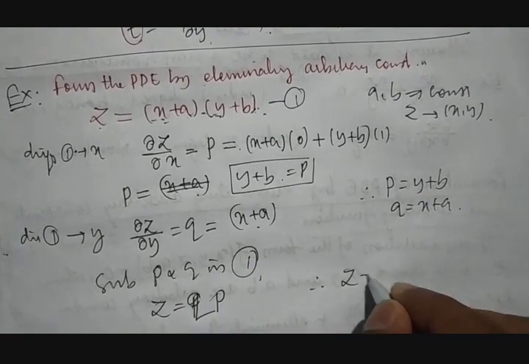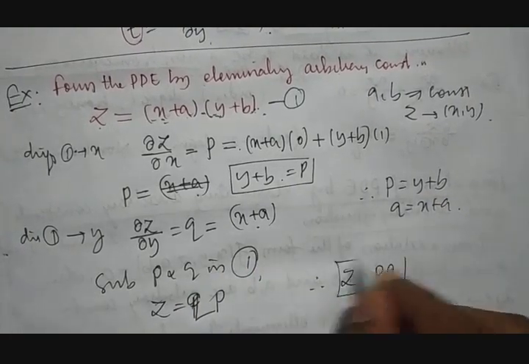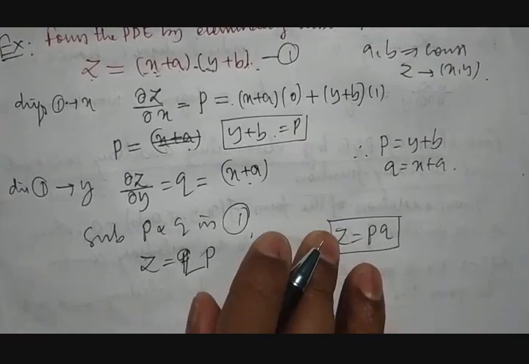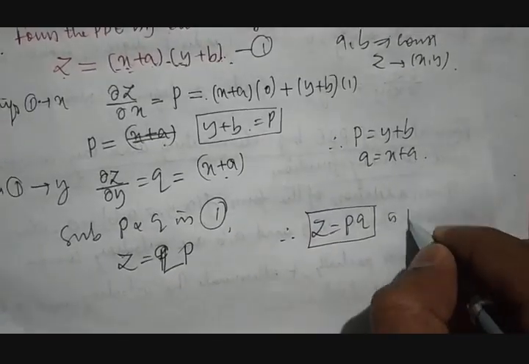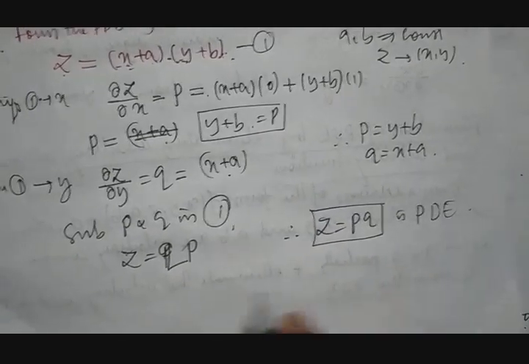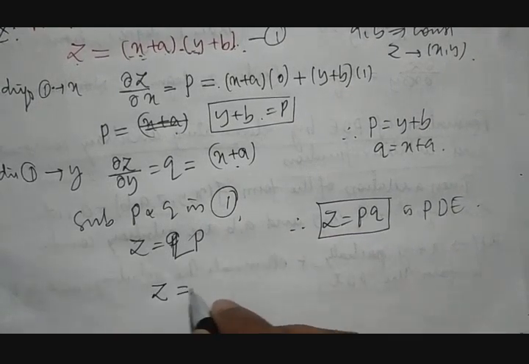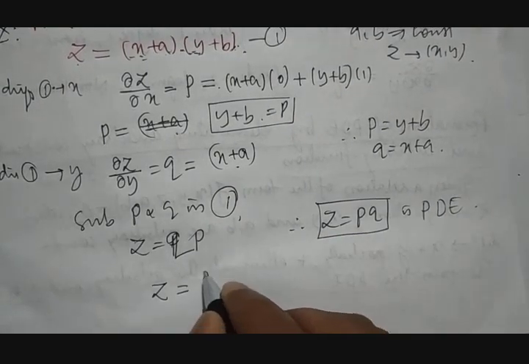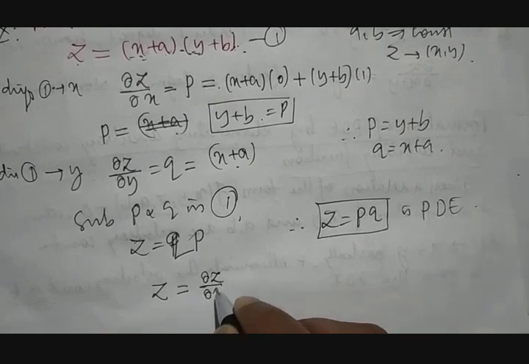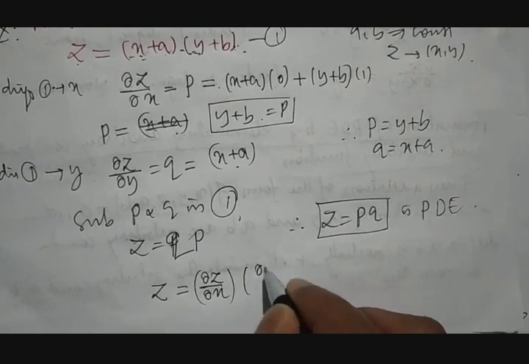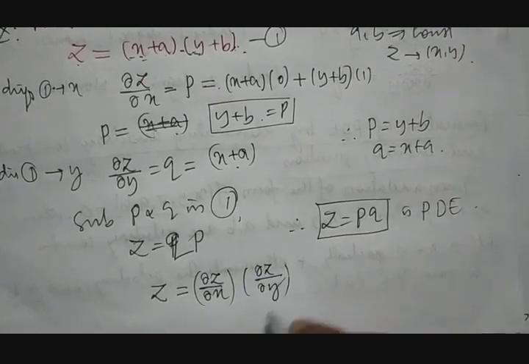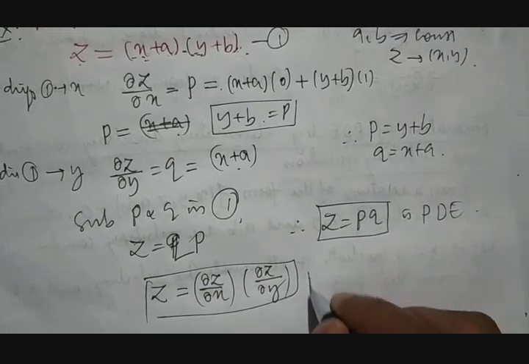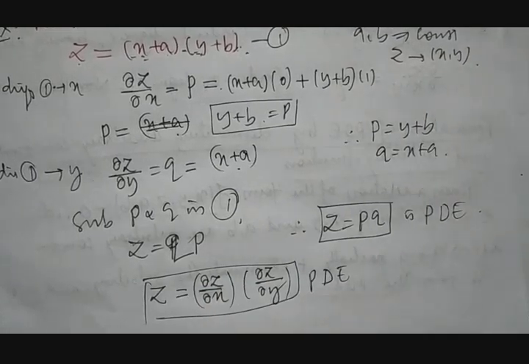Therefore z is equal to p into q. This is the required partial differential equation. Even we can write it as z is equal to ∂z/∂x into ∂z/∂y, since p is nothing but ∂z/∂x and q is ∂z/∂y. So this is also a required partial differential equation.